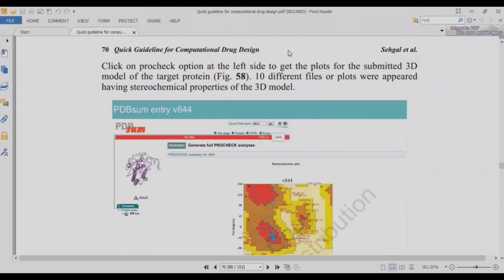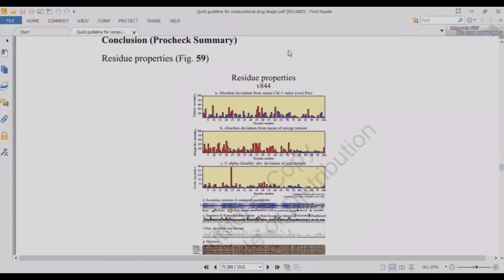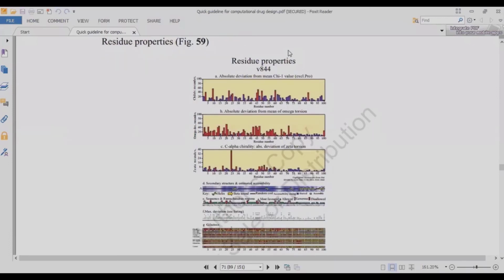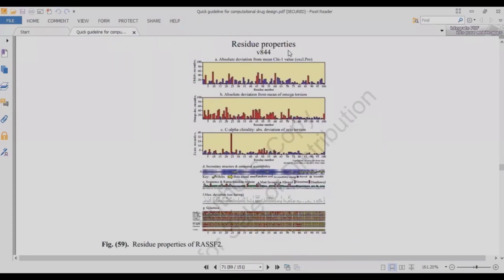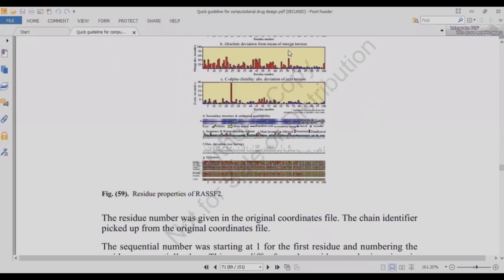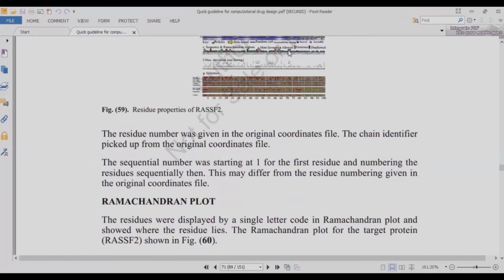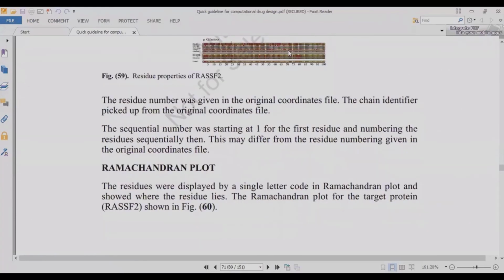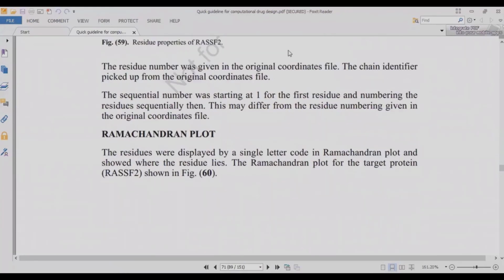Then we have the project summary conclusion, in which we have the analysis of different deviation angles of chi angles, and also the amino acid angles. The residue number was given in the original coordinate file. The chain identifier is picked up from the original coordinate files that are represented up there, and then you have the values on the basis of which you can decide whether this predicted structure is reliable or not.